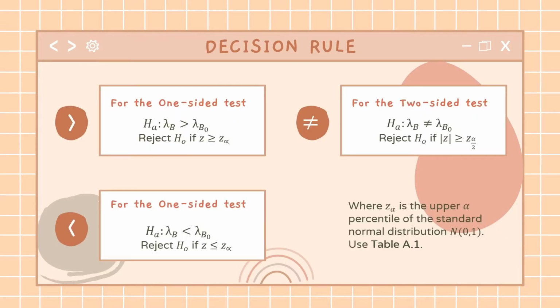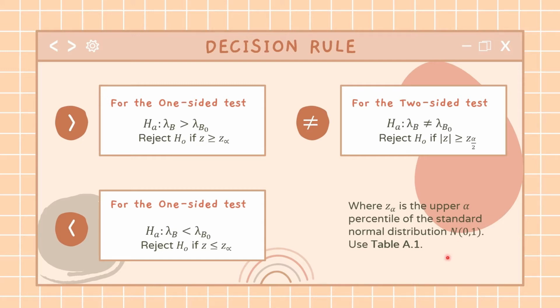For the decision rule, for the one-sided test, we have reject H null if Z is greater than Z of alpha for the greater than test, and we have reject H null if Z is less than or equal to negative Z of alpha if lambda of B is less than lambda of B null. And for the two-sided test, we have the absolute value of Z is greater than or equal to Z of alpha over 2, where Z of alpha is the upper alpha percentile of the standard normal distribution, N(0,1).